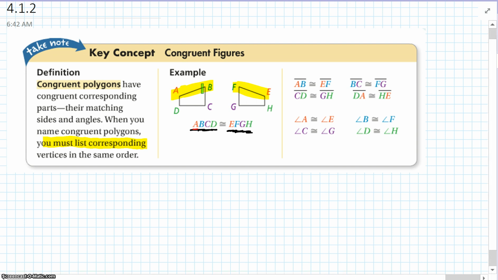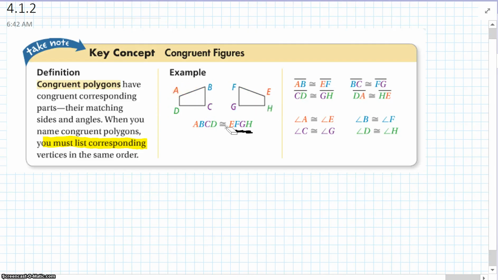We can say segment BC is congruent to FG. And CD is congruent to GH. And finally, DA is congruent to HE.